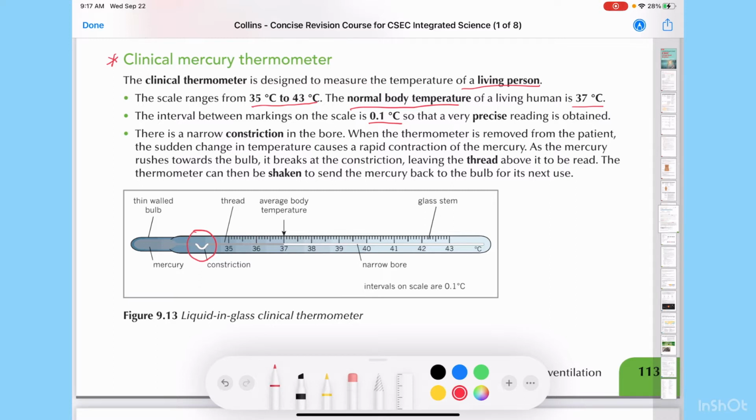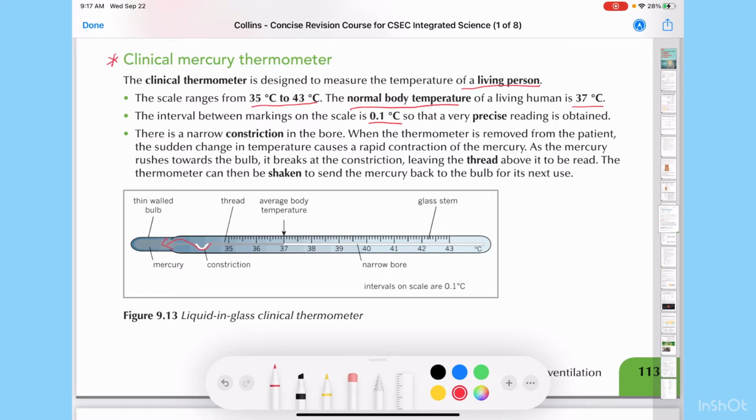So by having this constriction, when the mercury in the bulb starts to contract, it will break the flow right there at that constriction, and the mercury that is in the tube will remain as is. So that way you are able to take the reading. You have enough time to read that reading. It wouldn't just flow back into the bulb directly.